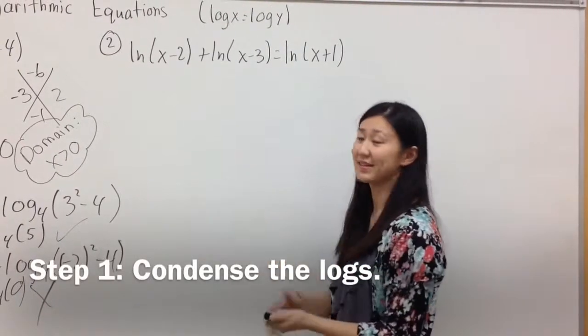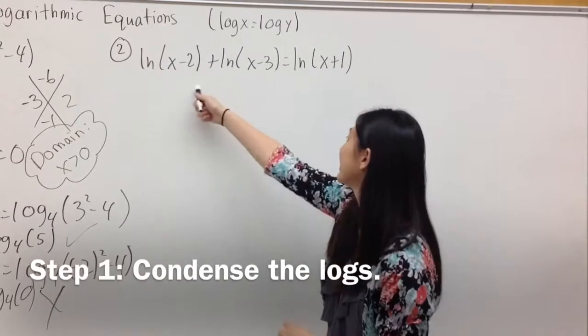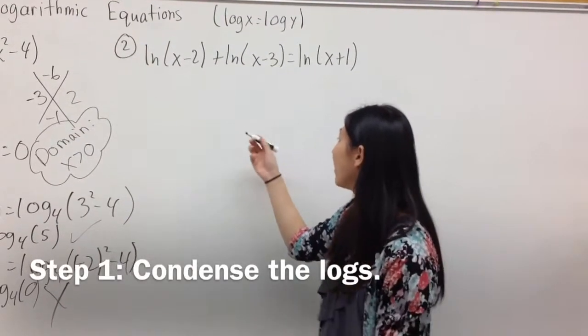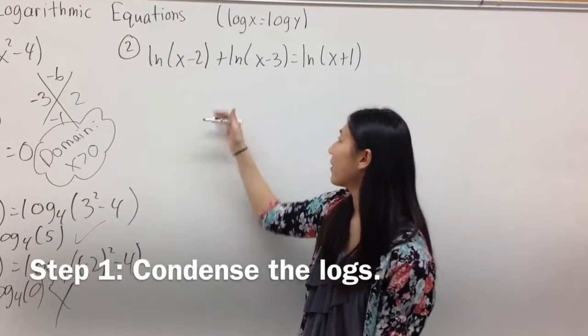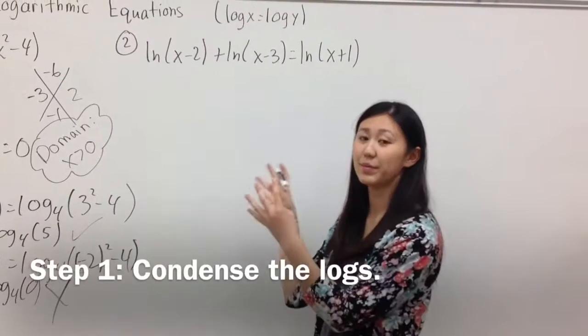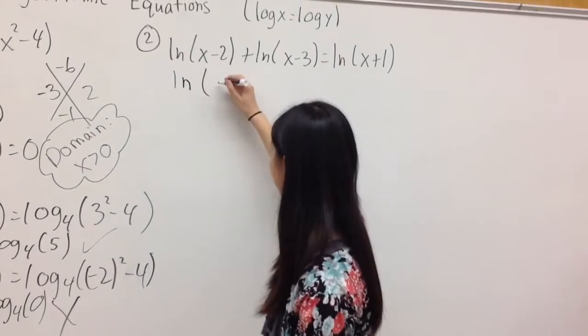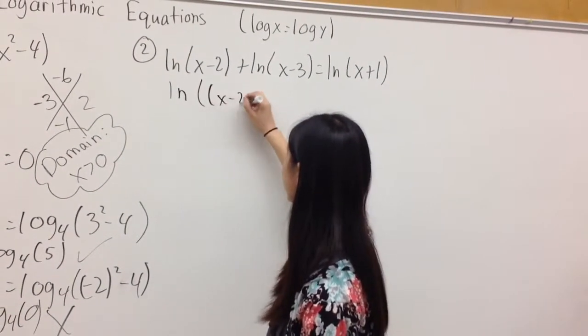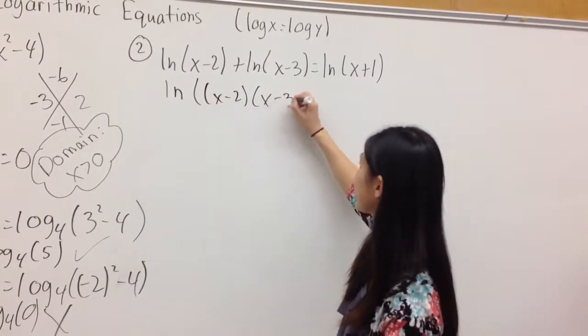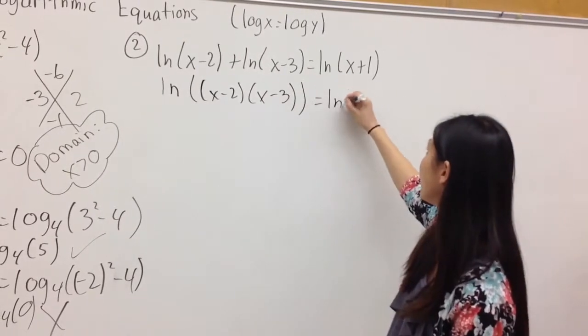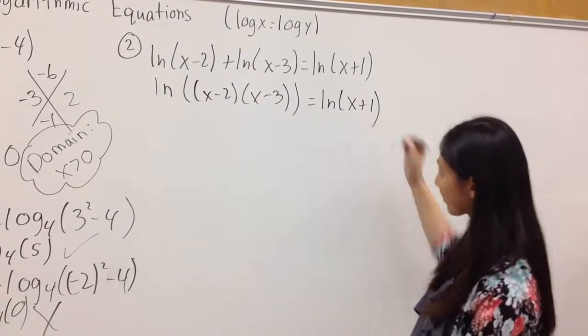So we're condensing, if you recall from before. So we're going to condense this side here. Remember, when we condense this stuff, we're adding here, so that means we're multiplying the insides together. So we have ln of x minus 2 times x minus 3 is equal to the ln of x plus 1.